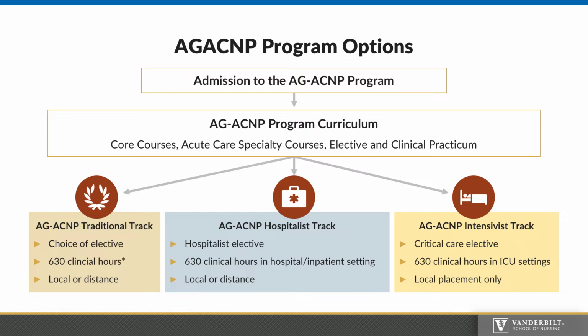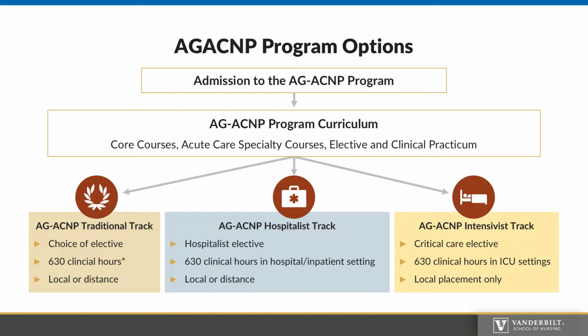So how do you get to the hospitalist track? Well, first, all students must be admitted to the AGACNP program. All AGACNP students, regardless of what track you choose, will take core AGACNP program curriculum courses. In the fall, you will have an option to specify which track of interest you so choose.